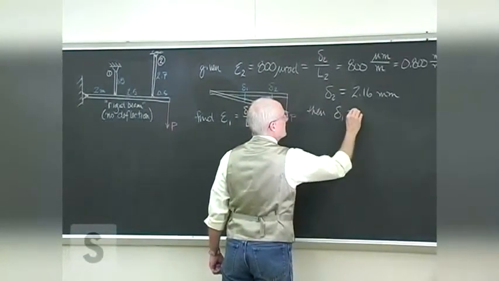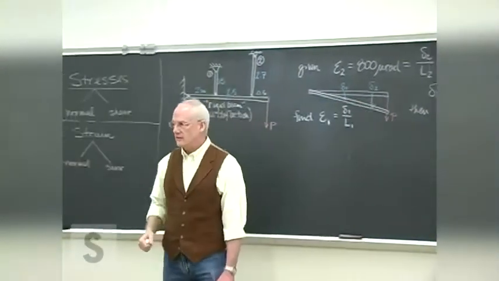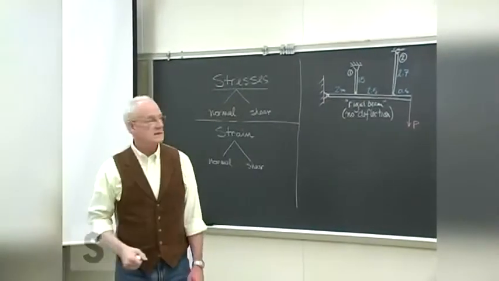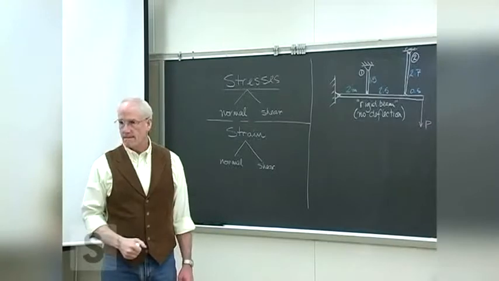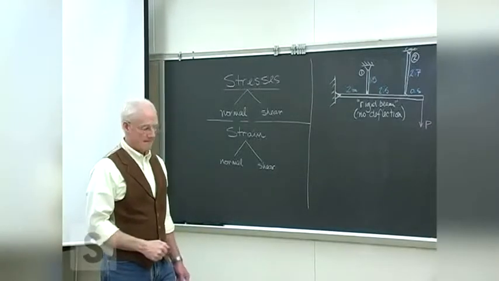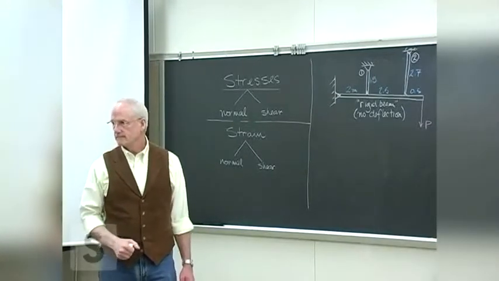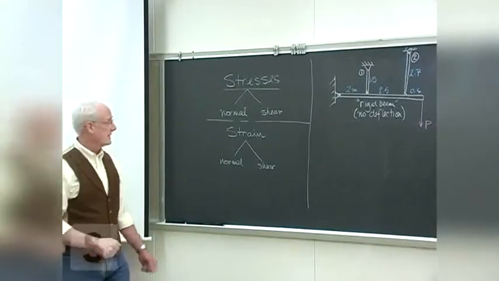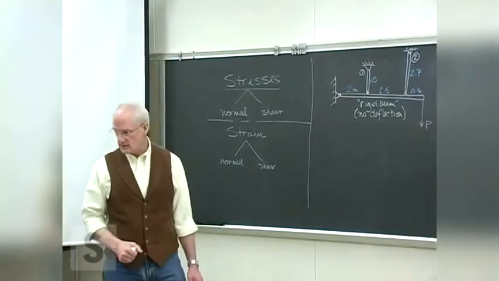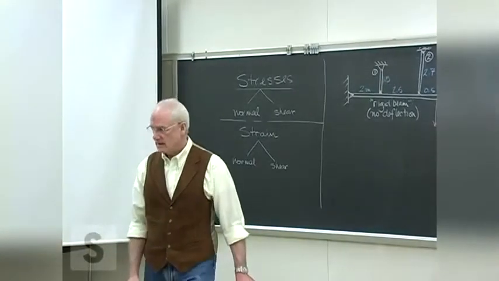From that, by similar triangles, you can figure out what the deformation of one is, and then from that you can find out what the strain is. So strain is a very, very geometric problem, as it will remain when we look now, after this, at shear strain.